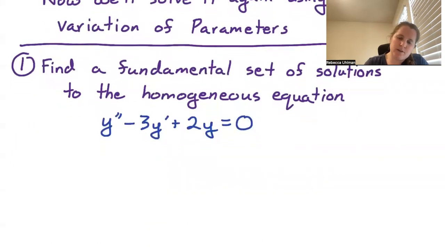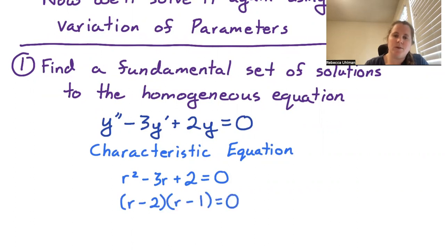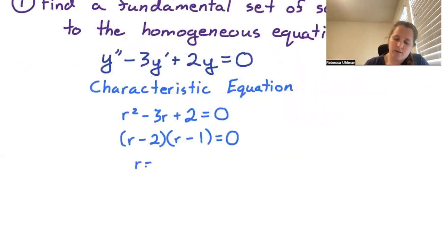Our characteristic equation is r^2 - 3r + 2 = 0, and we have (r - 2)(r - 1) = 0. We therefore get r = 1 or 2, and so y1 is e^x and y2 is e^(2x).